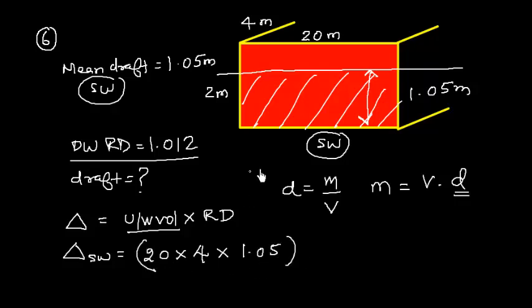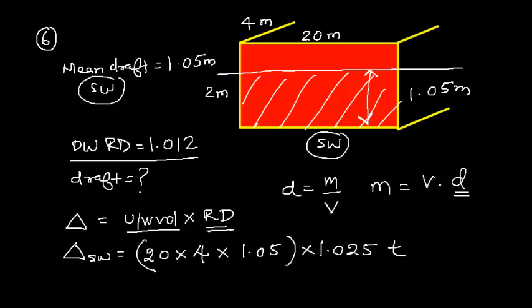Well, this is the volume, 20 meter this side, 4 meter this side, and the draft is 1.05, multiplied by the relative density, and we know the relative density of salt water is 1.025, and we get the answer in tons.